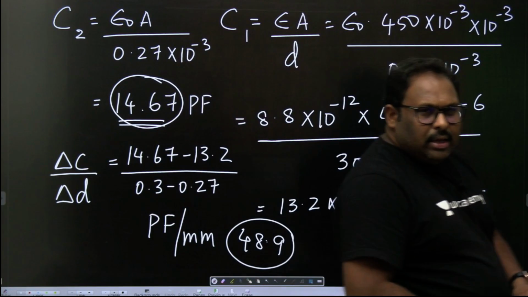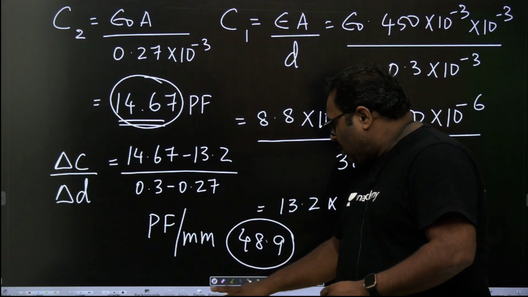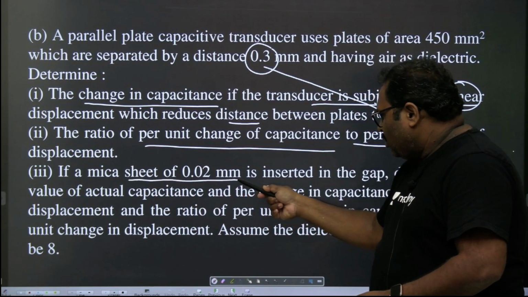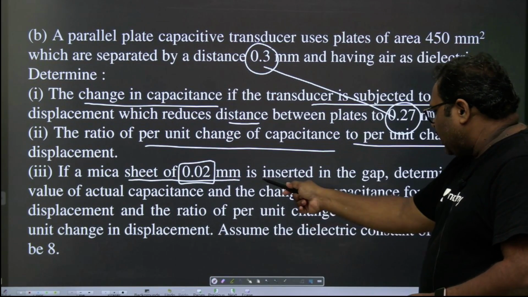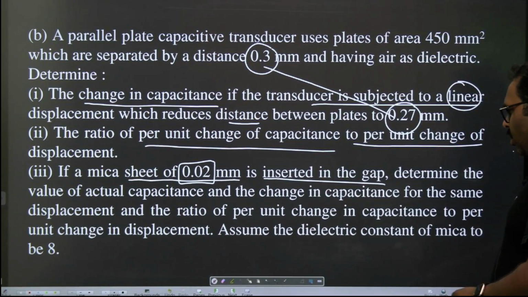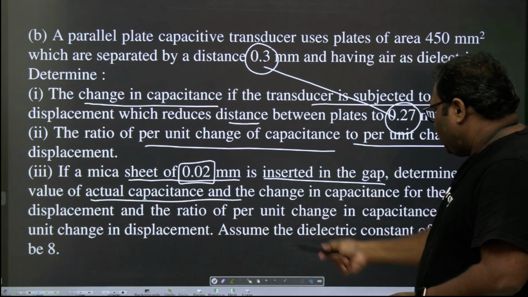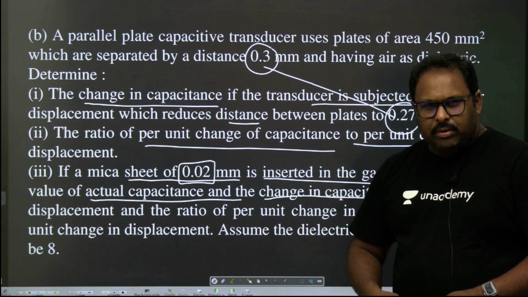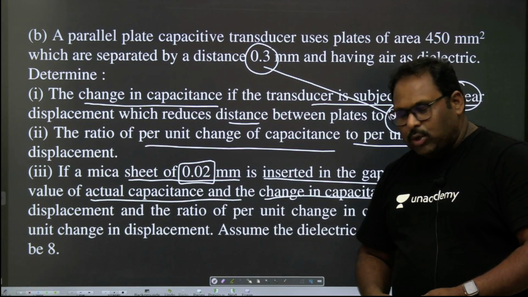So after this discussion, the next point to continue is, they're now putting a mica sheet of 0.02 mm inserted in the gap. Now determine the actual value of the capacitance and the change in the capacitance for the displacement. So first let's calculate the actual value.